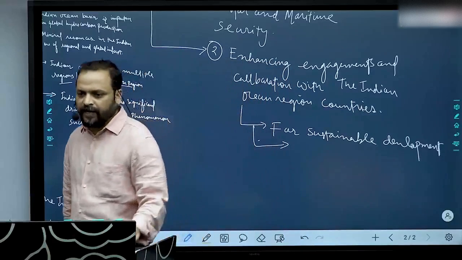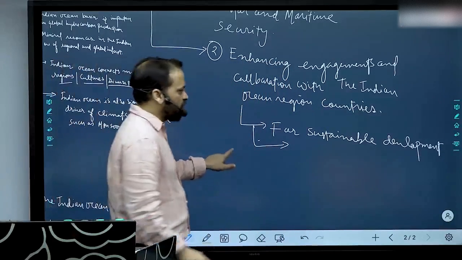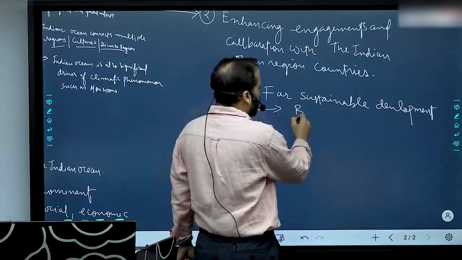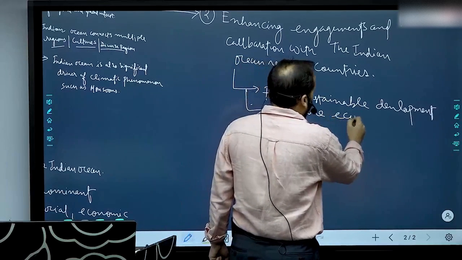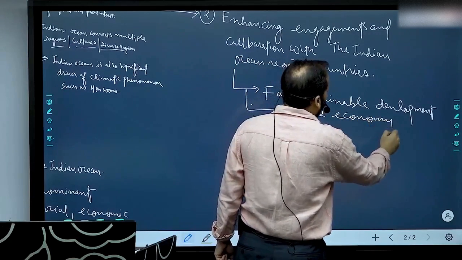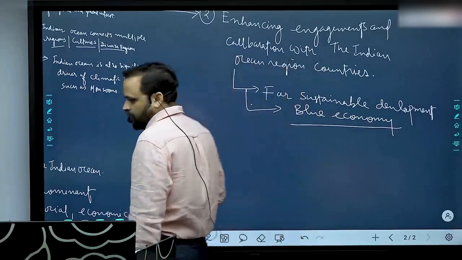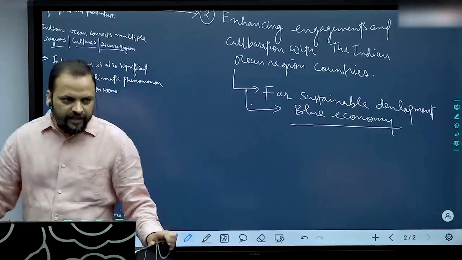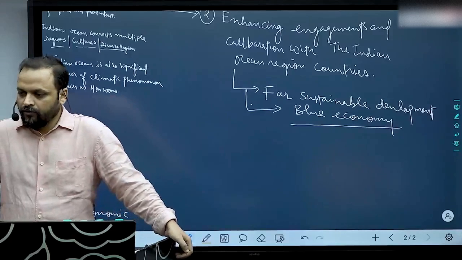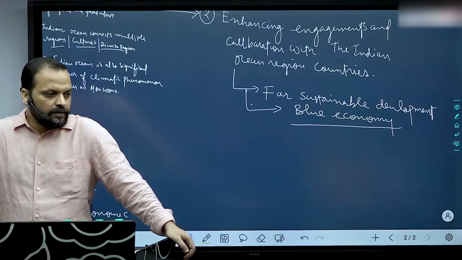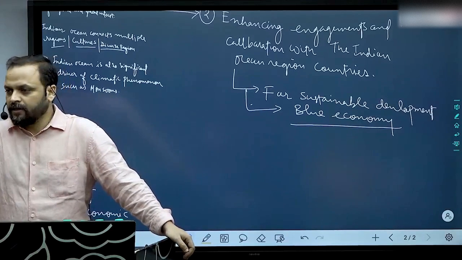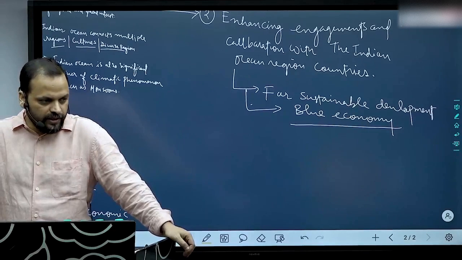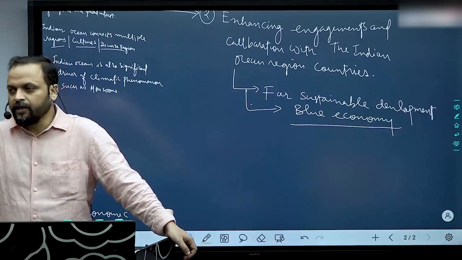When we start applying it to the oceans, it becomes the development of the blue economy. So blue economy simply means using the resources of the ocean for sustainable economic development while also conserving and preserving the marine ecosystem.